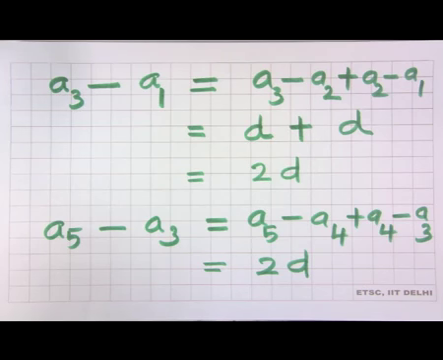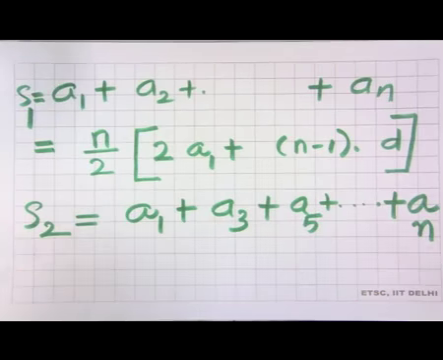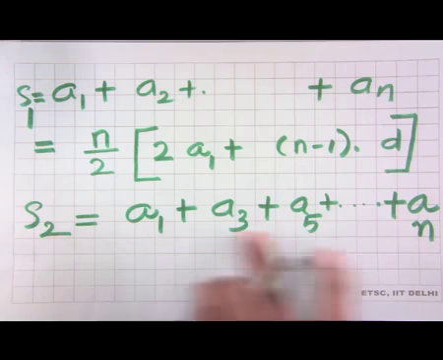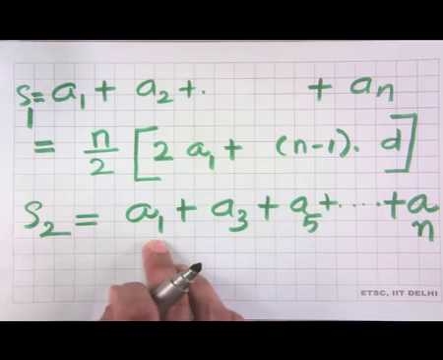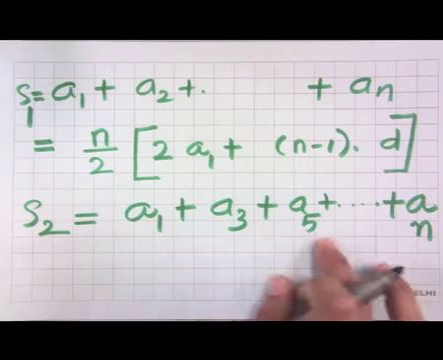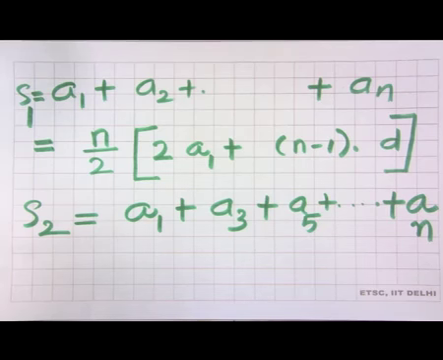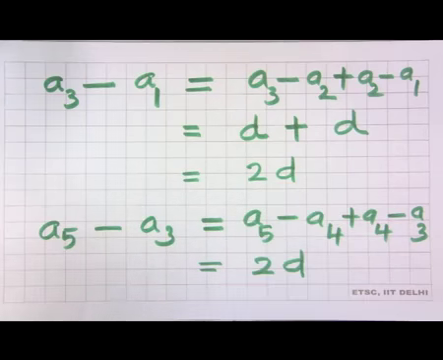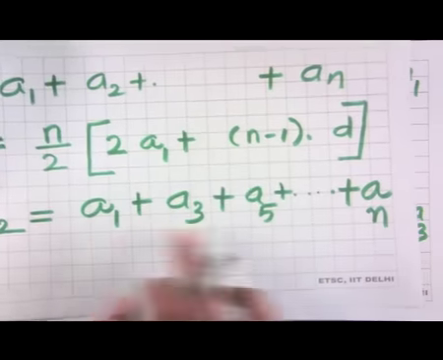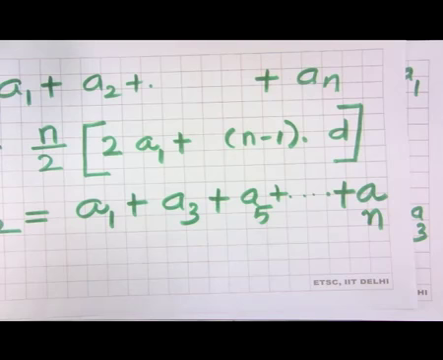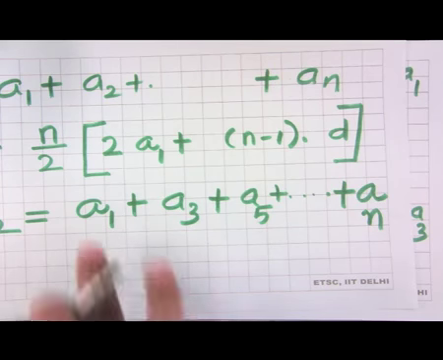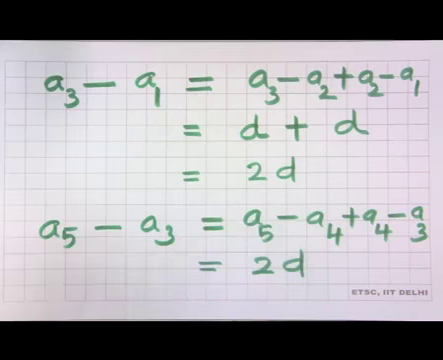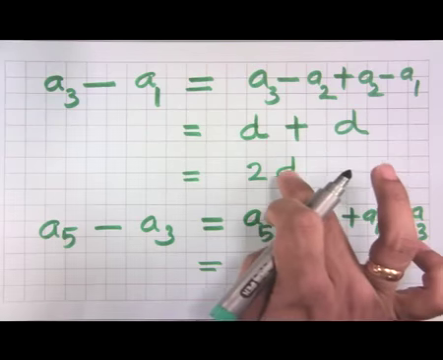Proceeding like this, we can see that the difference between successive terms of the progression A1, A3, A5 and so on remains the same, which is 2D. Hence, A1, A3, A5 and so on is an arithmetic progression with first term A1 and common difference 2D.